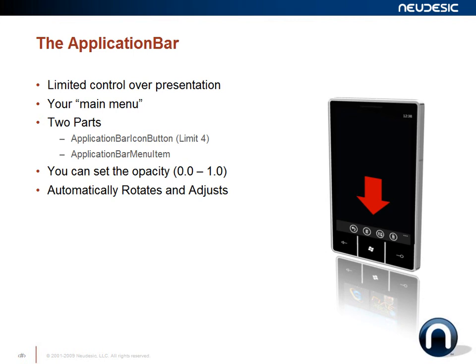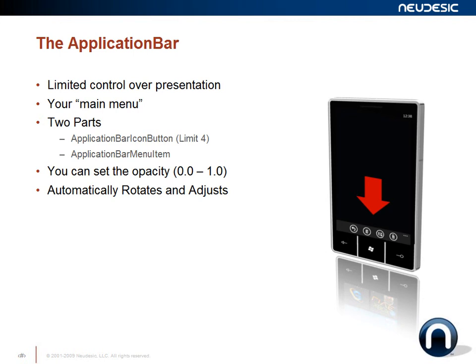And one thing about the application bar that's different from other controls that you'll use within the application is that this is kind of a control that stands between the system and your application. This is also a control that reinforces the navigation metaphor that's inherent in Windows Phone 7 applications, so that the user, whether they're using your application, other third-party applications, or a system application, they can look for that application bar and know that that's what they can use to get around.